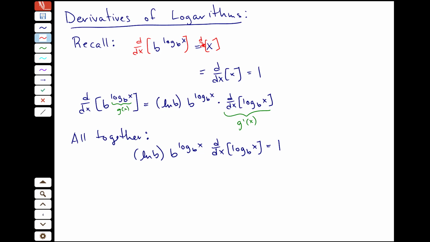Now, this derivative is what we want, so we're going to solve for this. We want to be able to take the derivatives of logarithmic functions. So I'm going to divide through by everything else. I'm going to divide through by natural log of b times b to the log base b of x on both sides.